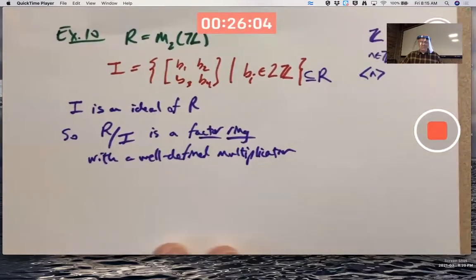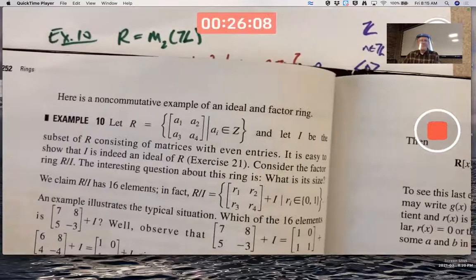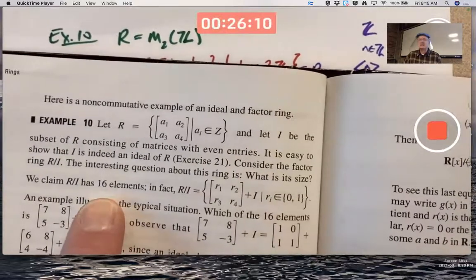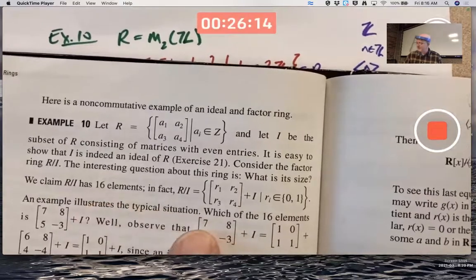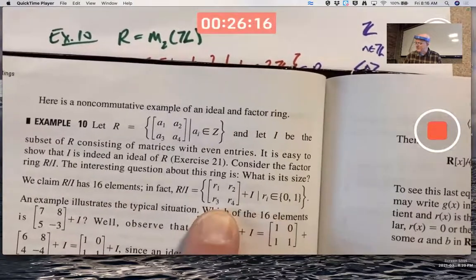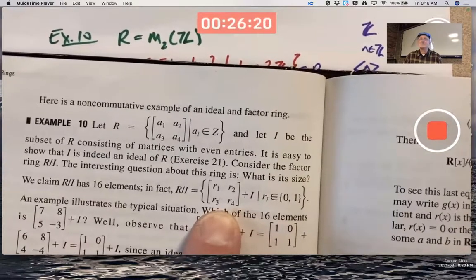But then the book asks, what are the elements of this factor ring? The claim is it's only got 16 elements. In fact, furthermore, they take this form. Notice these are cosets. Cosets don't go away. They'll always be with us for the rest of the semester.